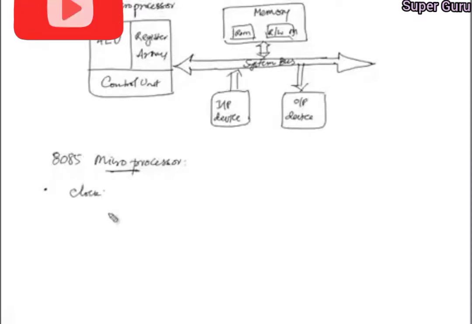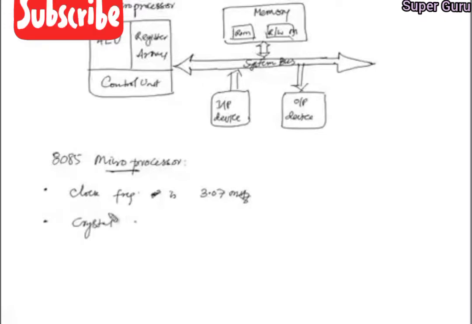The crystal frequency of this processor is 6.144 megahertz.